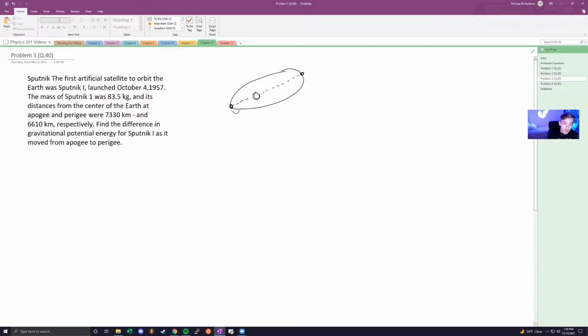One is the shortest separation from any part on the orbit to the sun, and the longest. So we're going to say that the shortest one is when we are at our distance at perigee.